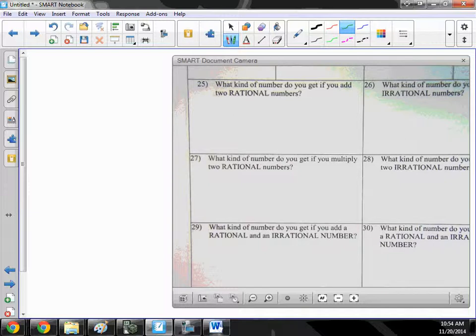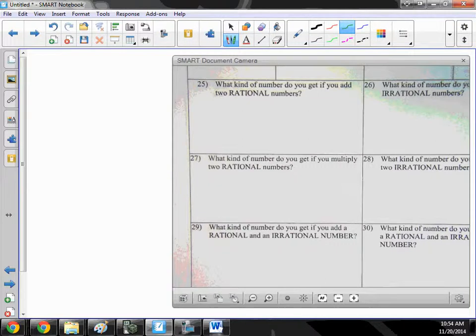So if I take rational and add it to rational, do I still get rational? And that's called being closed. Am I guaranteed to get a rational number? So if you take a number with a decimal that stops and I add it to a number with a decimal that stops, what do I get?